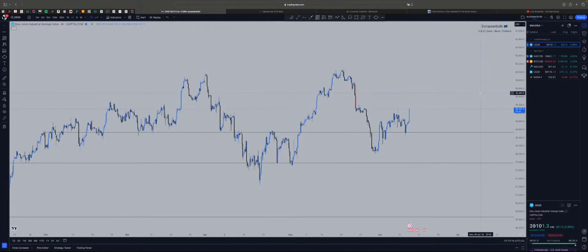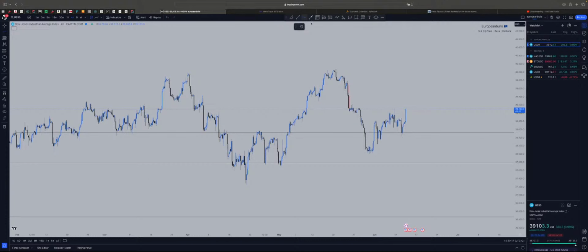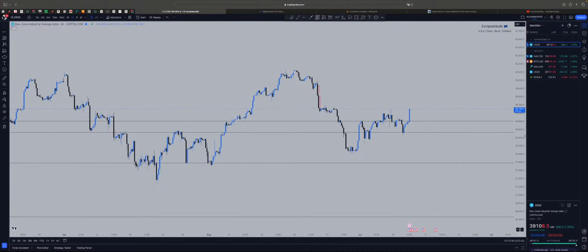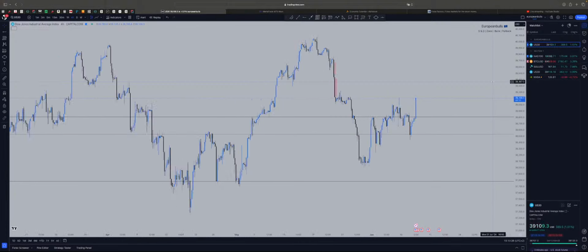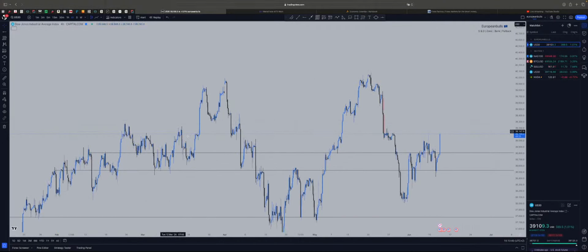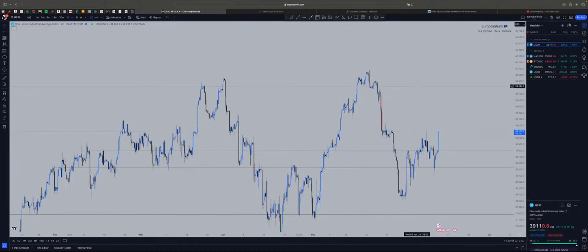Now we have marked up the support level, and for today I would mark my support level around this area, which, if you look back in time, also makes sense from here. So to be very refined, I would put it like this. That's how you organize your charts, because you need to see from before where the price has been rejected or got the demand.